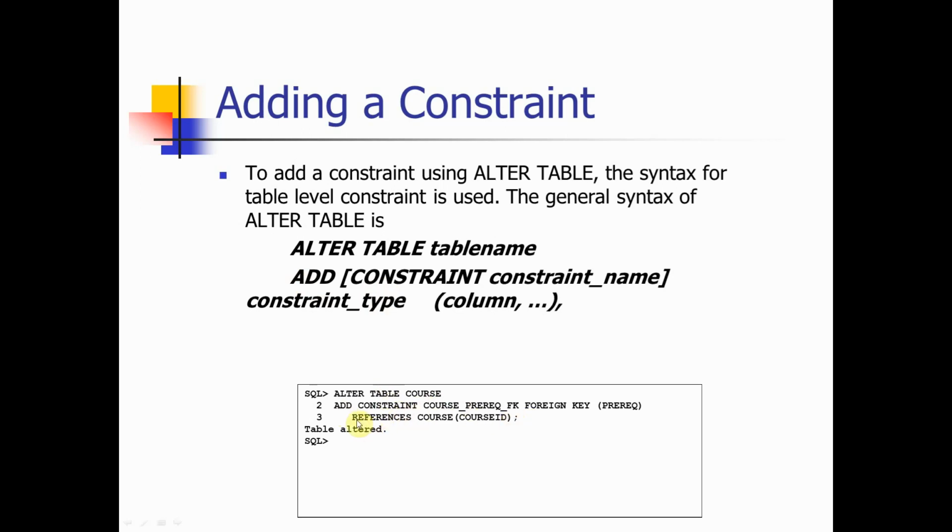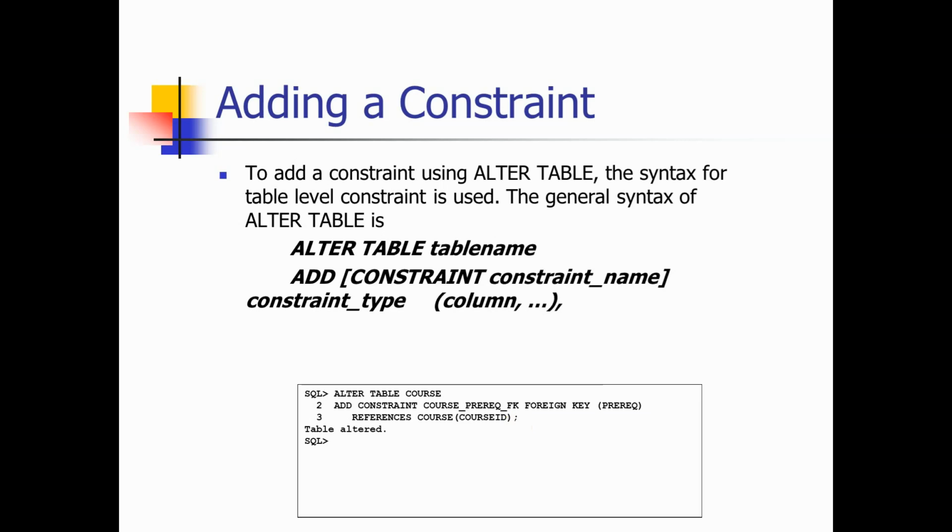So you can see that the example code over here is add constraint with the name of the constraint, foreign key indicating which attribute of the table you want to change, references another table's primary key. This semicolon is the key thing. Oracle will keep letting you type the commands until it sees a semicolon. This is like your Control F5 execute.